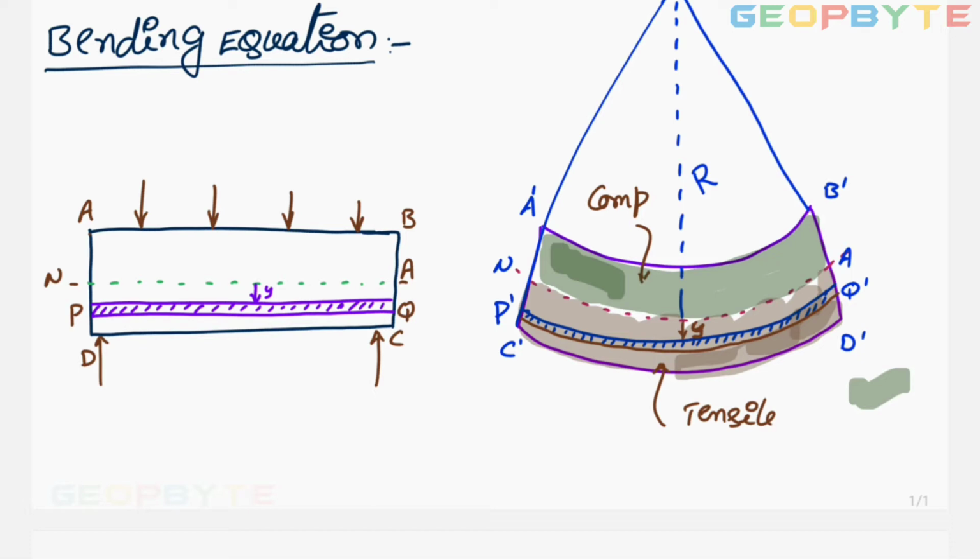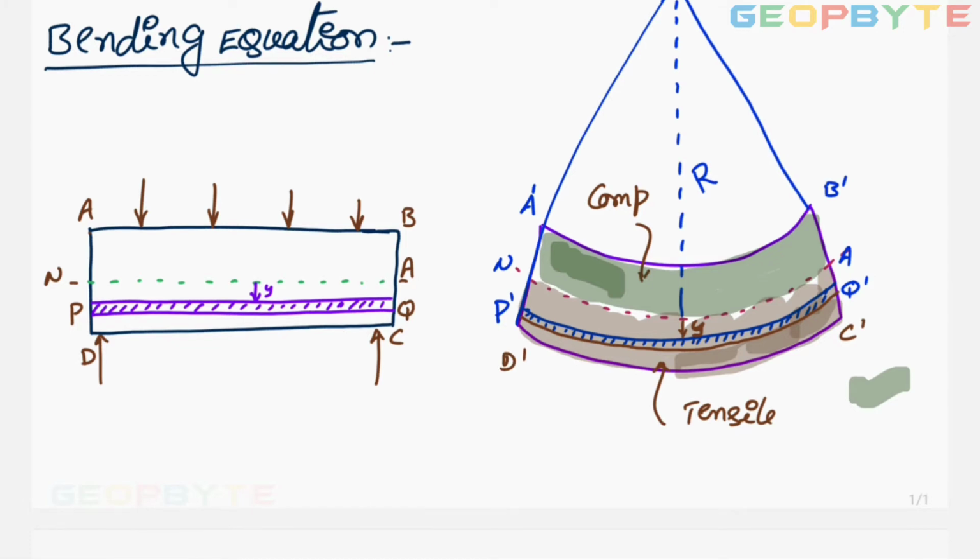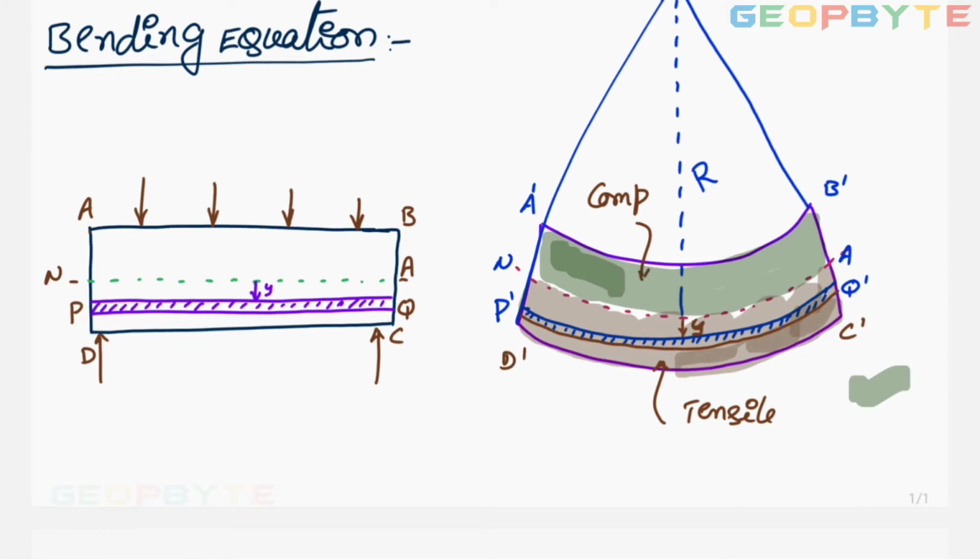Then you extend the lines from A dash and B dash. Because of the bending, A becomes A dash, B becomes B dash, C becomes C dash, D becomes D dash, and PQ becomes P dash Q dash.